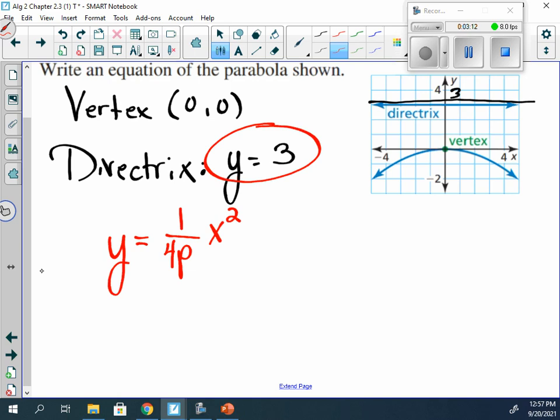The directrix for x equals 1 over 4p times y squared should be x equals negative p. I wrote y twice. So because the directrix in y equals 1 over 4p times x squared is y equals, we would be using that equation.